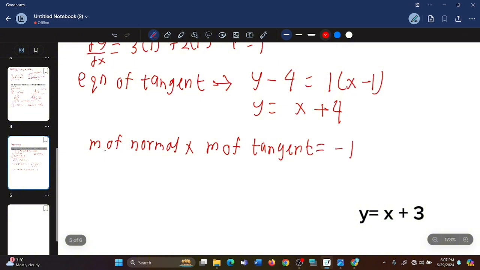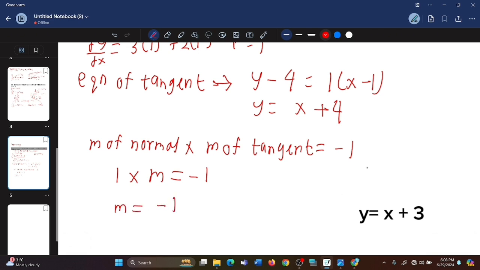So if the gradient of tangent is 1 and the gradient of normal is m, the result must be minus 1. Then we just have to make m the subject to get the gradient of the normal. So the gradient of the normal becomes minus 1.